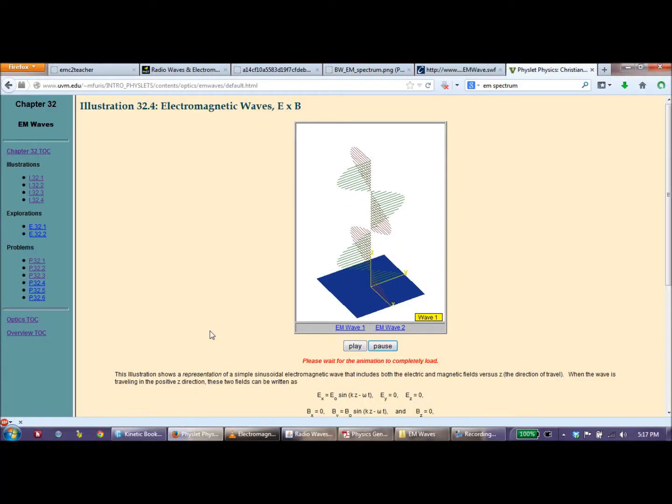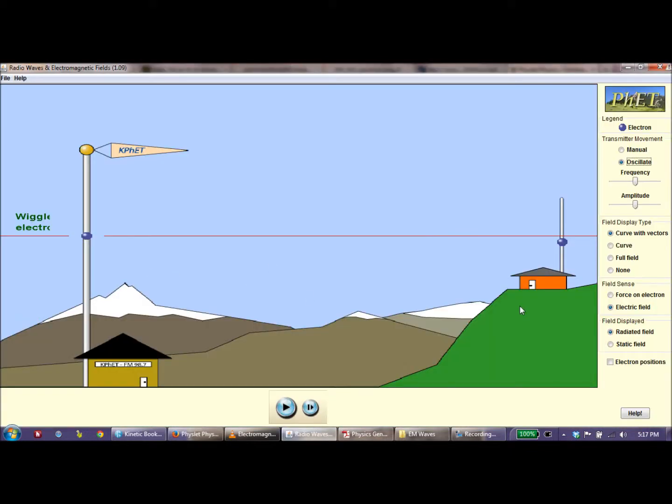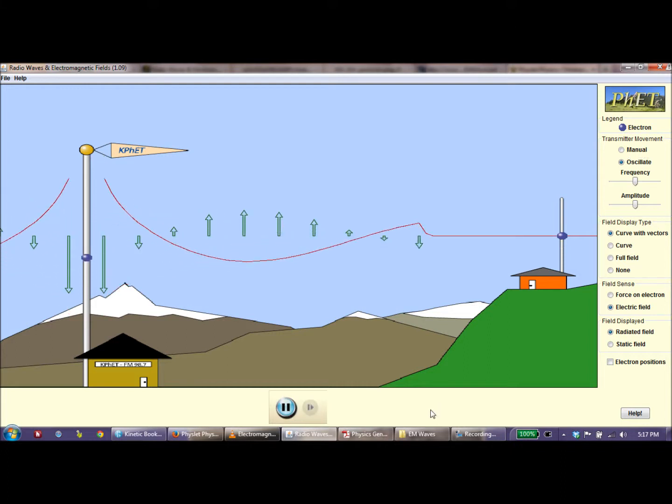All right, we're back, and I wanted to look at this simulation here, in which we have a radio station over here on the left-hand side with its large antenna, and a house over here with its smaller antenna. If we allow this electron to move, to oscillate, it creates an electromagnetic wave.